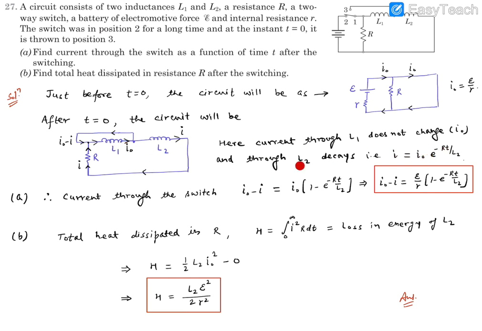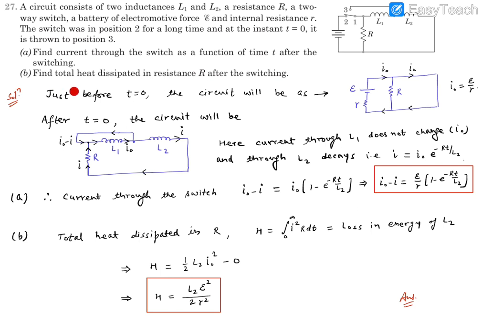I0 remains constant, so the current through the switch is I0 minus I. Substituting and taking I0 outside, it becomes I0 times (1 minus e raised to the power minus Rt by L2). With I0 equal to E by R, the current through the switch is E by R times (1 minus e raised to the power minus Rt by L2). That's our final response for the first part.